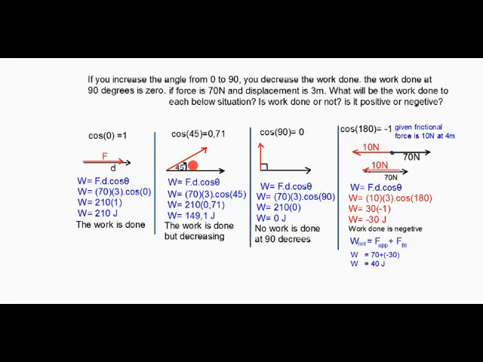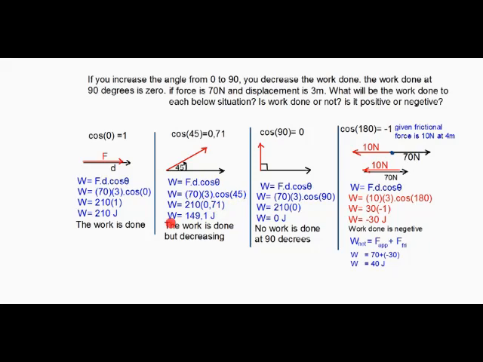Let's look at when the angle is 45 degrees. Then the work will be force times displacement times cos theta, and we substitute: the force is also 70 Newton, the displacement is also 3 meters, times cos of 45 degrees now, not cos of 0. Then the work will be 70 times 3, which is 210, times 0.71.